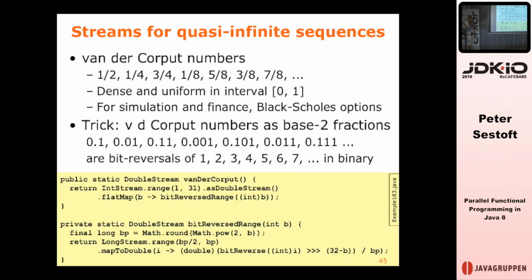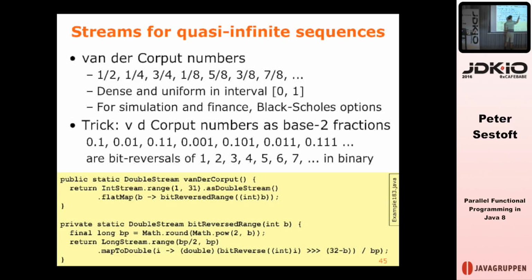Right. Okay, maybe 8 queens solutions are not really what you need to do in your job. But in finance, there's something called van der Corput numbers, which are used for simulation.